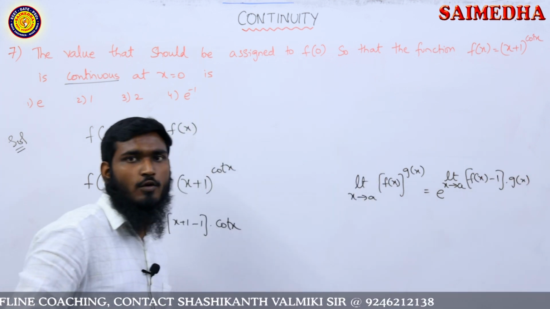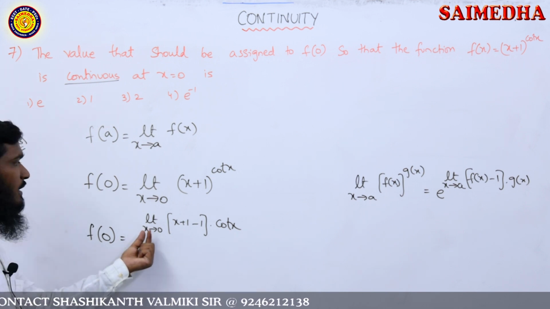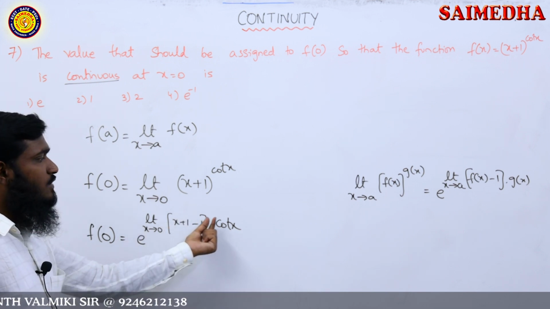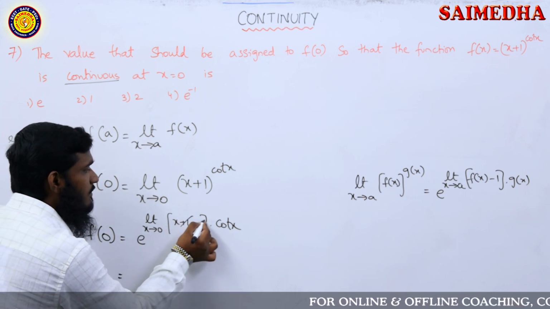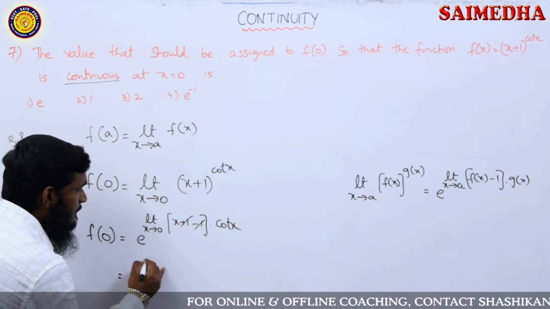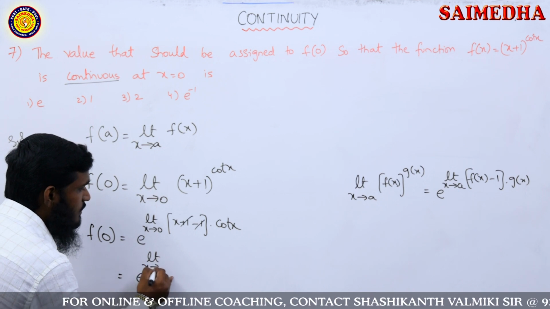So f of 0 equals e power limit x tends to 0 of (x plus 1 minus 1) into cot x. Is it clear? The plus 1 and minus 1 get cancelled.